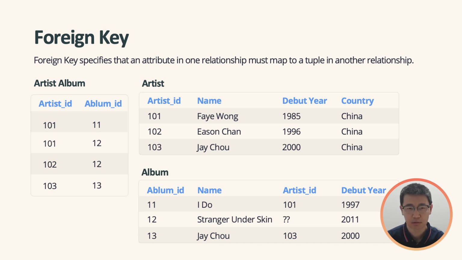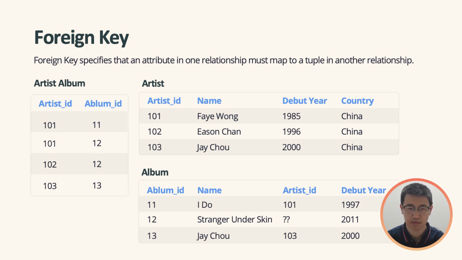For instance, while artist ID 101 might lead us to Fei Wang, if you attended the previous class, you would know about the album Stranger Under My Skin from 2011, co-created by Ethan Chen and Fei Wang. This makes it difficult to ensure the uniqueness and validity of just one album ID, such as having both 101 and 102. To solve this, we create a mapping table between artist and album, which contains two keys.